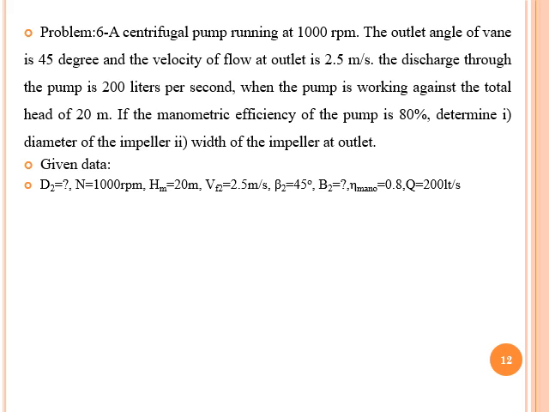The pump is working against a total head of 20 meter, so the manometric head is 20 meter. The manometric efficiency of the pump is given as 80%. Now determine the diameter of the impeller as well as the width of the impeller, that is D2 as well as B2 at outlet.